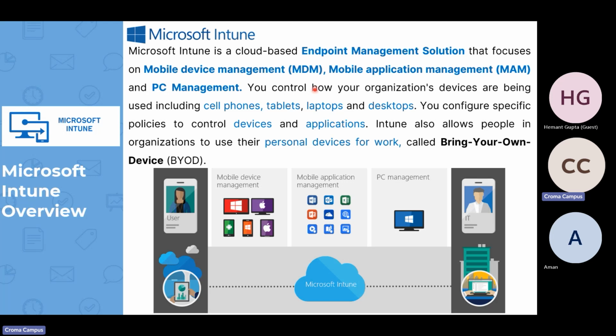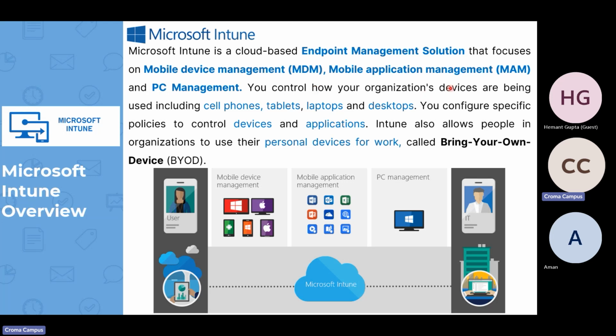We call Windows devices mobile devices. Any device which is portable, which can be accessed outside the office network on the way, is called a mobile device. So here we use mobile to mean portable devices. If we have to refer to the cell phone, Android or iOS, we will use the term cell phone.